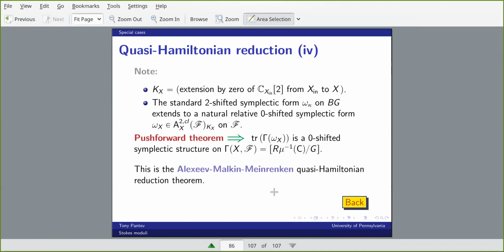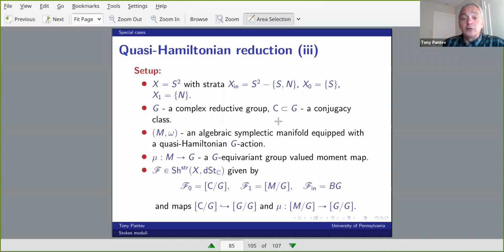So do I understand correctly that you need to use the sphere because you want to have S1 topologically in the generic fiber, which gives you the conjugacy classes? Yeah, I mean you could actually push forward in two steps, right? You could start with the sphere. We are pushing forward from the sphere to the point, but you could push forward from the sphere to the interval.